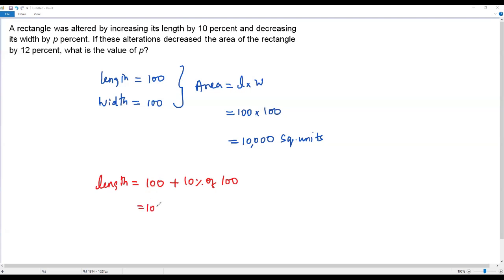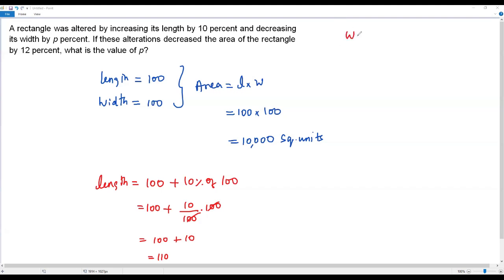Now let me finish the calculation. 10% can be written as 10 over 100. Whenever we have the word "of" in English, in math it will be written as times. This 100 will cancel out. I'm getting 100 plus 10. So finally I'm getting 110 units. So the length is increased by 10%, then the new length is 110 units.